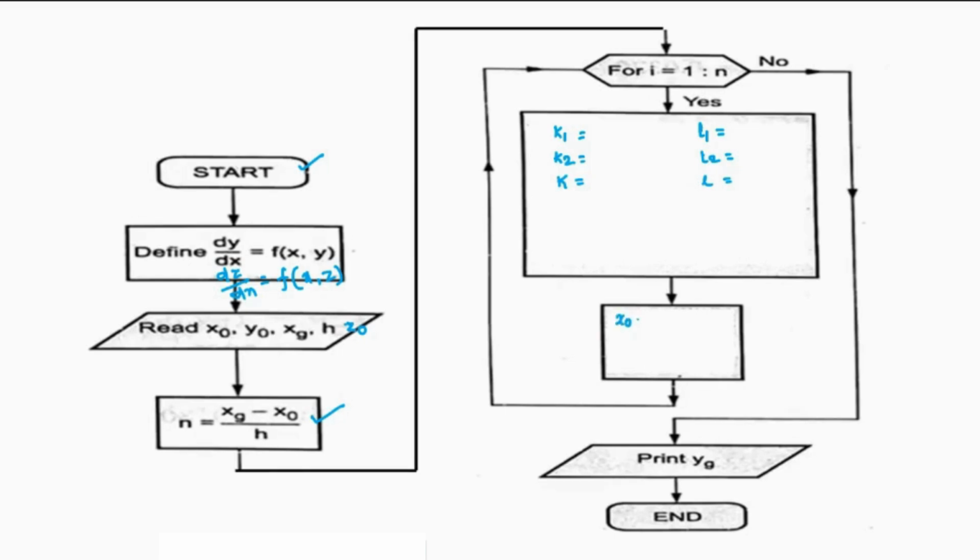For updation, x naught is equal to x naught plus h, y naught is equal to y naught plus k, and z naught is equal to z naught plus L. This process will be repeated until it satisfies the number of iterations.